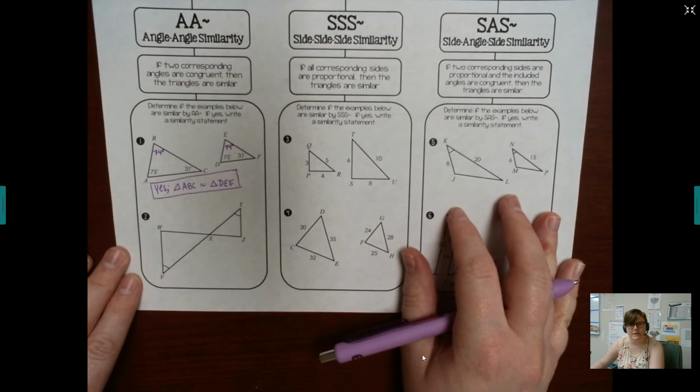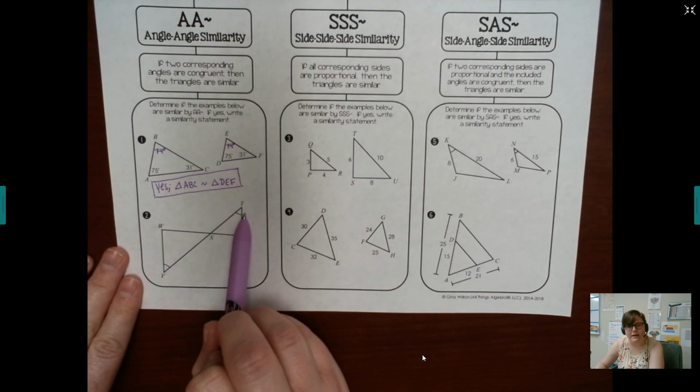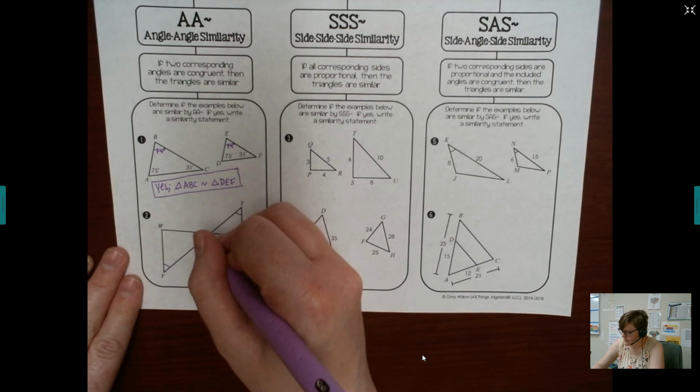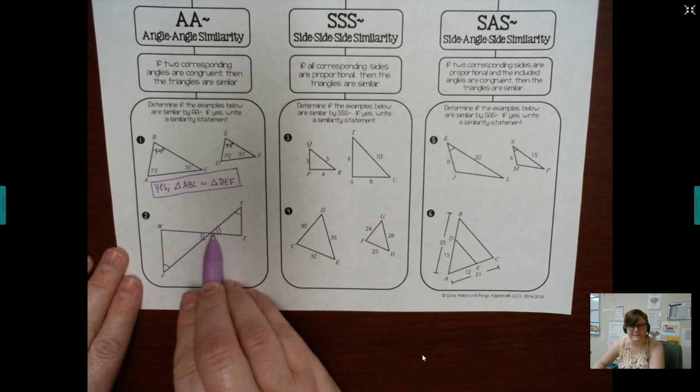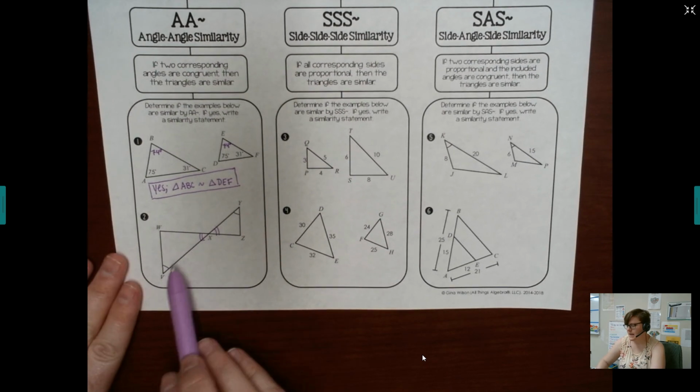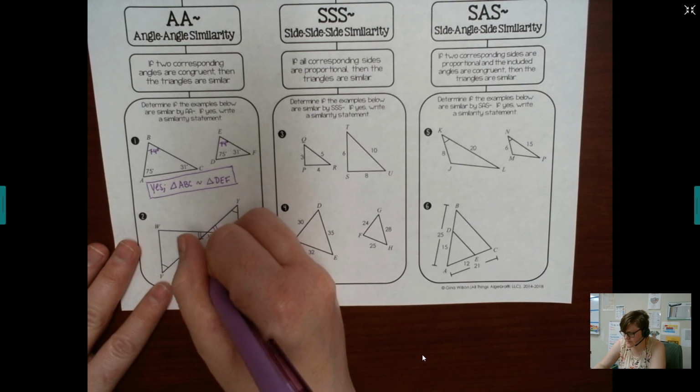Okay. The next one down here, we are given that angle V and angle Y are congruent to each other. We also have here some vertical angles, which means that these 2 are congruent. And that gives us our 2 angles that we need. So these ones also are similar.